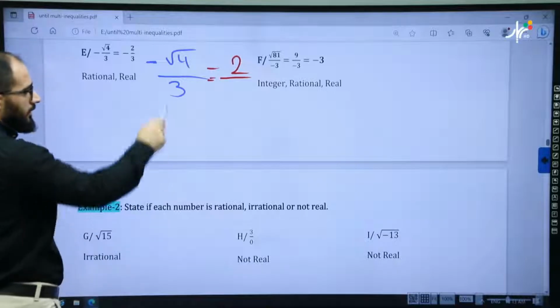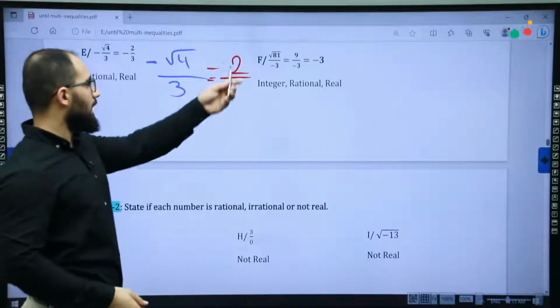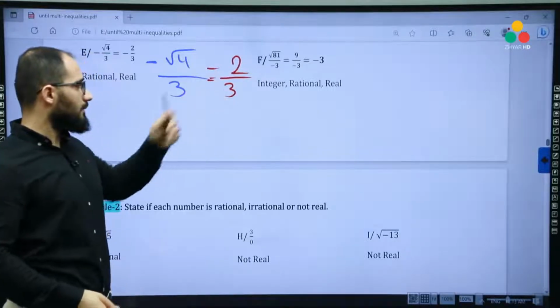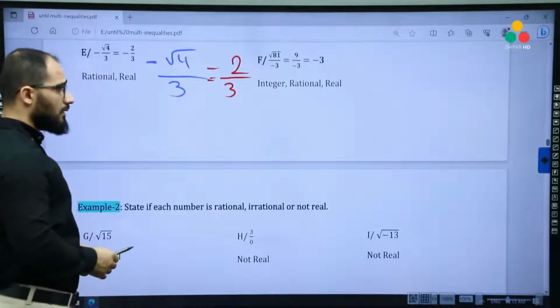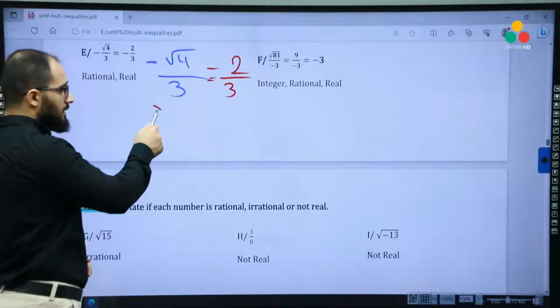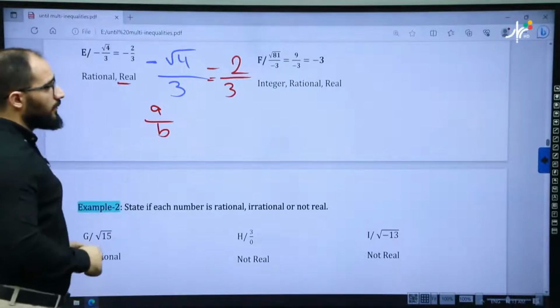Then write down 3 as it is. So we have negative 2 over 3. Negative 2 over 3 is rational. Why? Because it is in the form a over b, and also we can say it is real.